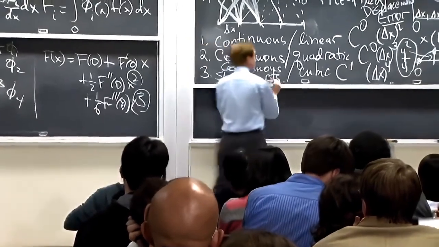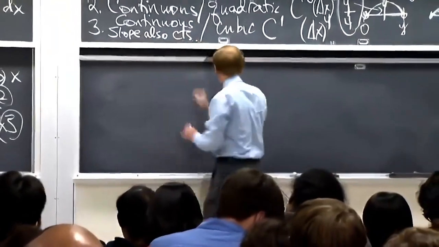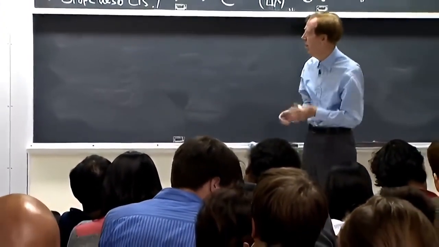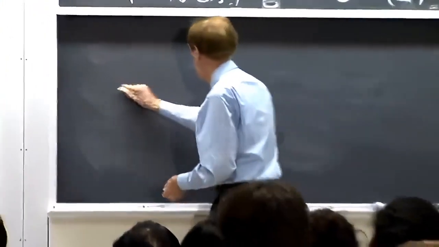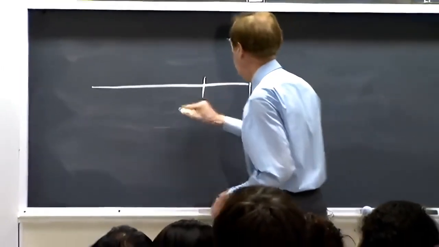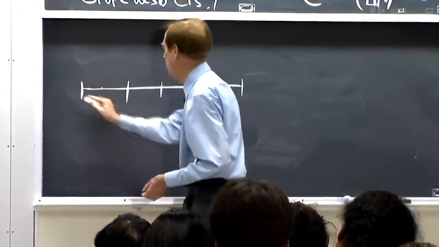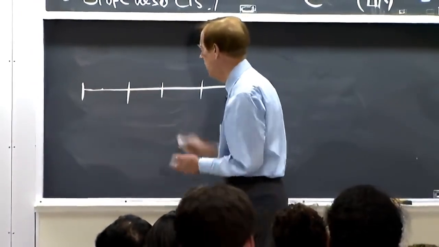Okay, so let's just think, if we got a chance at it, how could these elements work? Okay, so here's the idea then. Here's my interval, 0 to 1, and here's a typical interval.